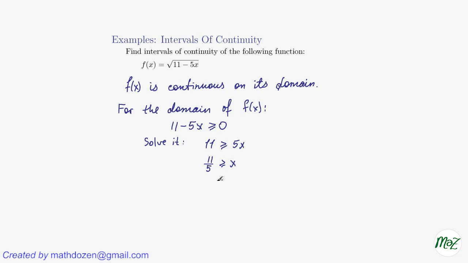We have that x is less or equal to 11 over 5. In interval notation, that's the same as interval from negative infinity up to 11 over 5, with a square bracket, because we still include 11 over 5.